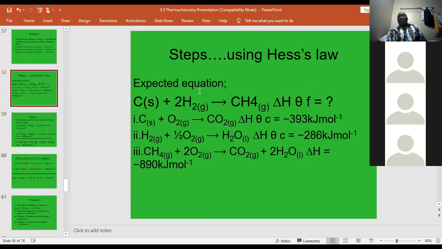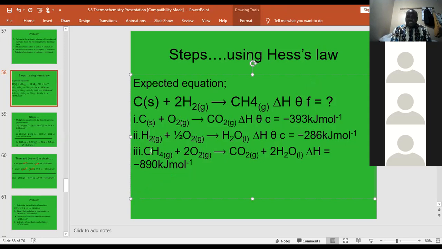Okay. Now, you can see that equation 2 has hydrogen, but it is only 1 mole of hydrogen, and yet here we need 2. So in order for us to get 2, we multiply equation 2 by 2, such that multiplying multiplies all the things we have here: hydrogen, oxygen, water, and the energy, the heat of combustion.